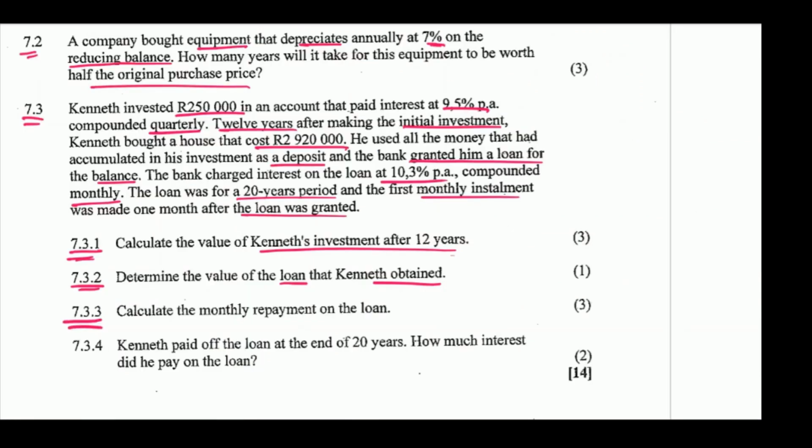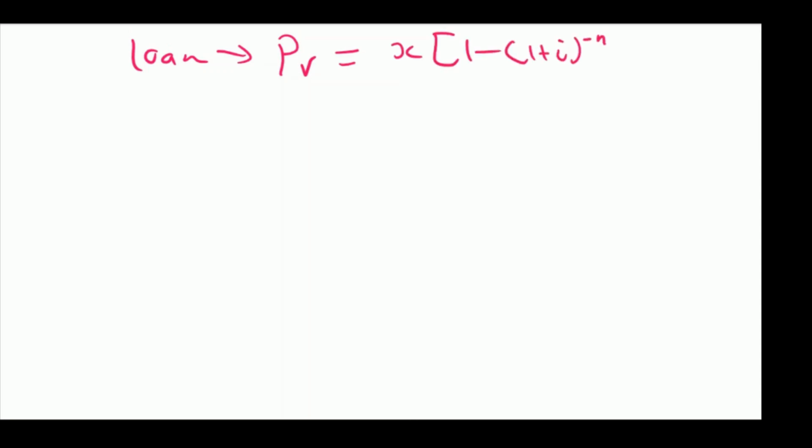So 7.3.3, calculate the monthly installments, or the monthly repayments rather, of the loan. So since we know that we're talking of the loan, it means that for us to find the monthly payments, we need to use the present value annuity, which is equal to x into 1 minus (1 plus i) to the power of minus n, divided by i, right?